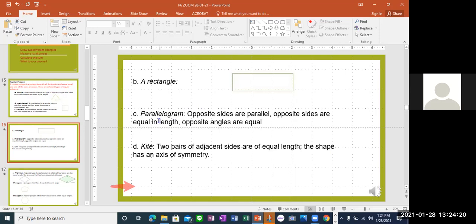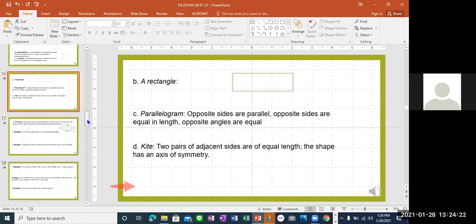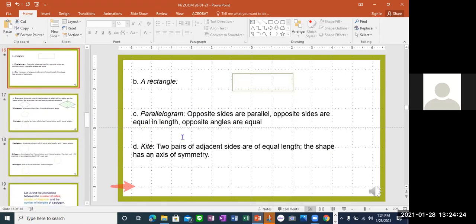Now, let's continue. Here we have the parallelogram. When we say parallelogram, the opposite sides are parallel. Let's look at this one.